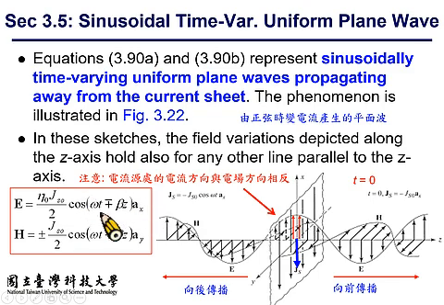Because the sinusoidal function cosine can have either positive or negative value, the electric field intensity is going up and down, and the magnetic field intensity is going to the front and back. And note that the right-hand rule still holds.